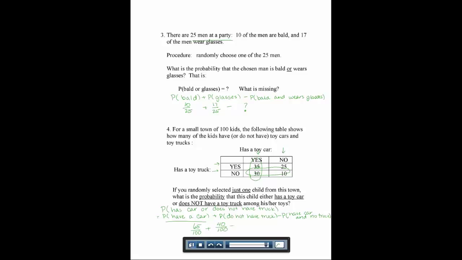Now we need to subtract the ones that have a car and do not have a truck. That's the one here that we've overlapped, the 30 out of 100. So here we can see if we take 65 plus 40 minus 30, we get 75 out of 100, which we can reduce to 3 out of 4.